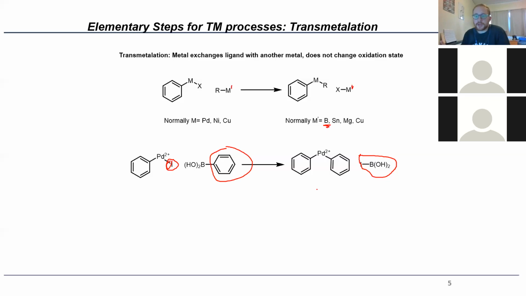We don't draw arrows for them because it's formalism not to, and because for all these various processes, oxidative addition can proceed through various different mechanisms, as can transmetallation. These are just elementary steps of a process. They don't describe the mechanism for sure.